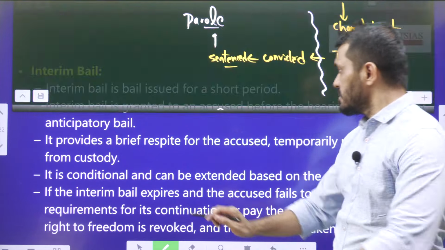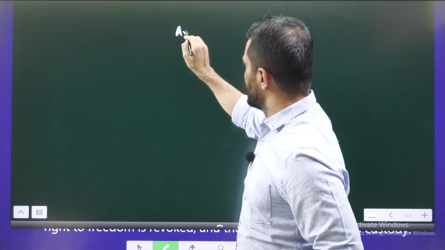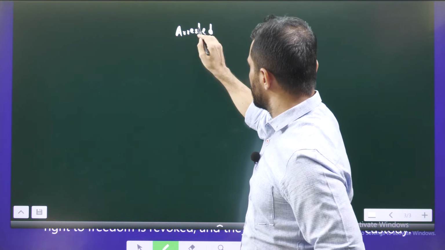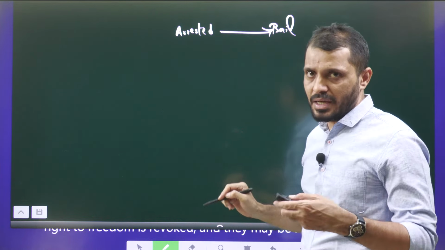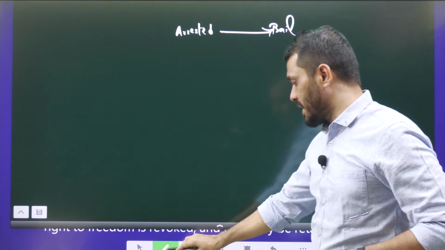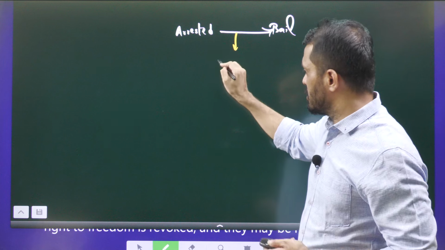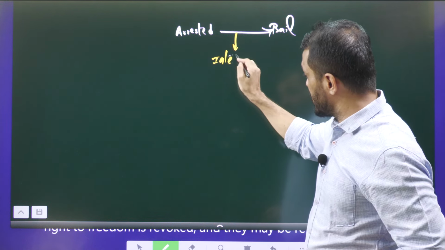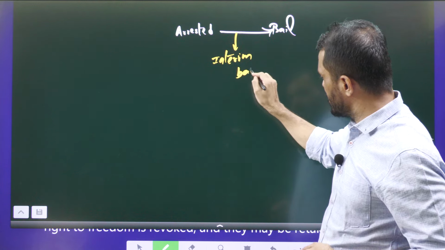So here, let me explain. When a person is arrested, obviously at one point of time, he'll get bail. And before getting the regular bail, if the person requires any interim relief, then they can go for interim bail.